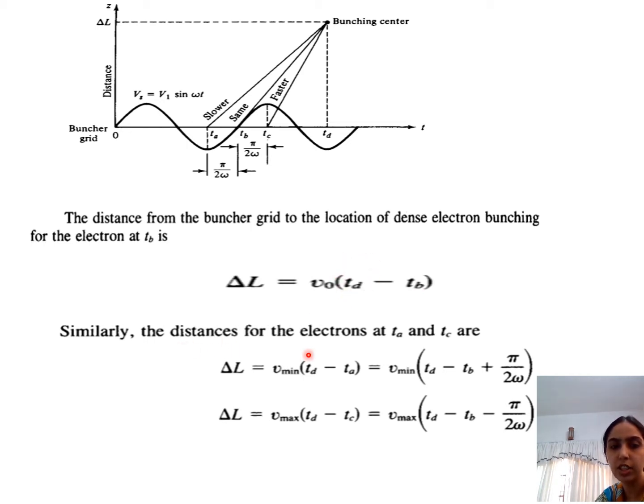Similarly, we can write the distances for the electrons at Ta and Tc. In the case of Ta we have the minimum velocity, and at Tc the electrons travel faster, so we have the maximum velocity. We have already written the expressions for Vmax and Vmin from the velocity modulation process. Next we substitute those values into these equations.